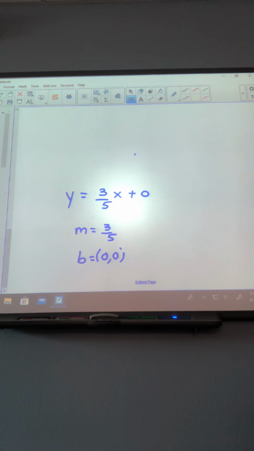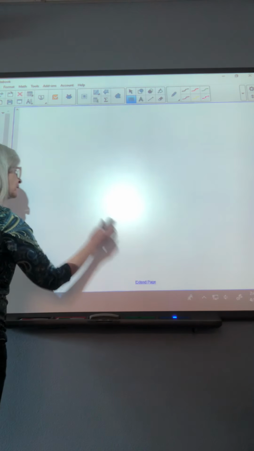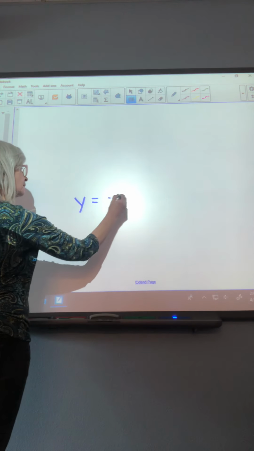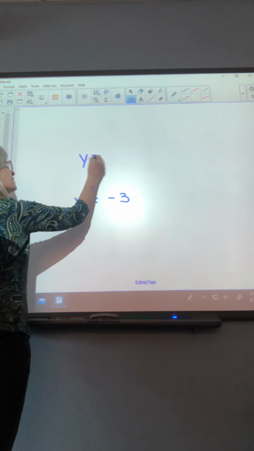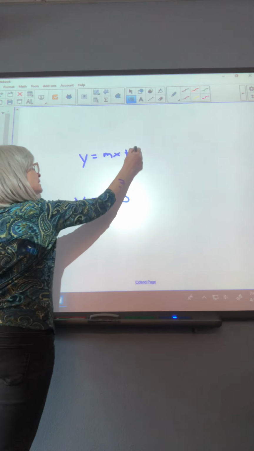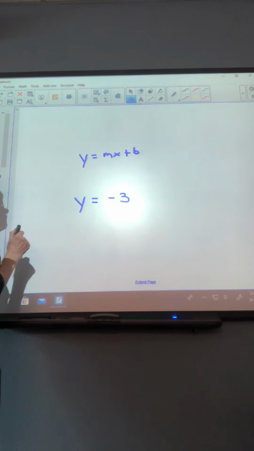Okay, and then D, we have y is equal to negative 3. So you probably are noticing there's no slope and there's no x, because remember we have y is equal to mx plus b, so the x is completely gone.